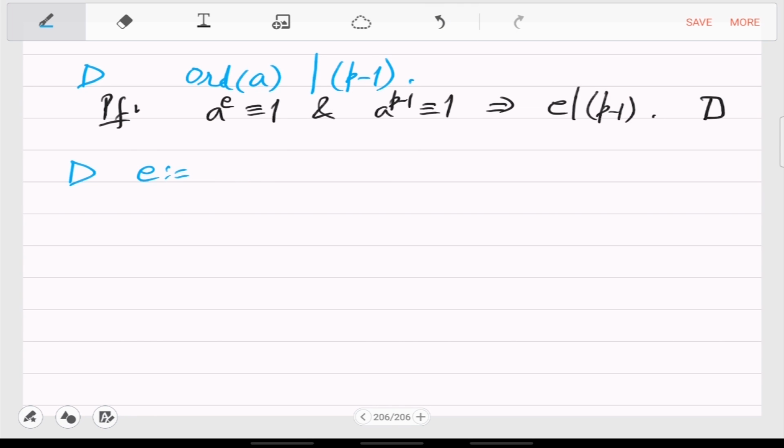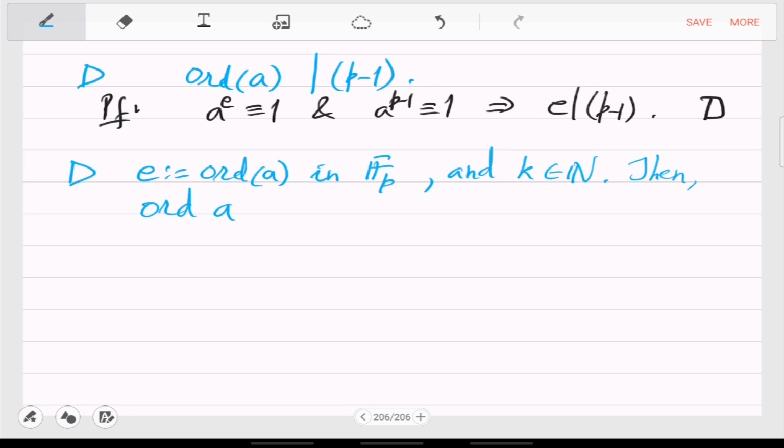So e is the order of a in Fp, and k is a natural number. Then the order of a to the k is what? If you know the order of a, then what can you say about the order of a to the k for arbitrary k?